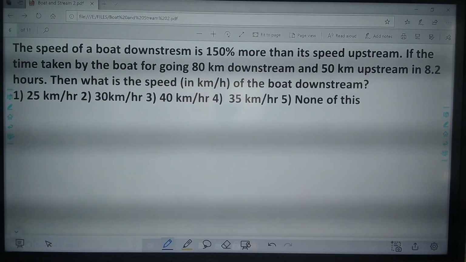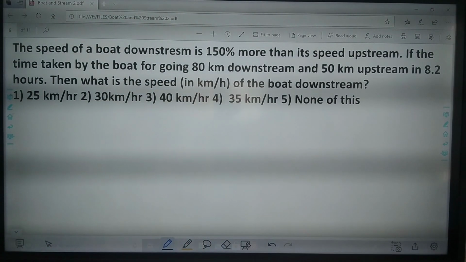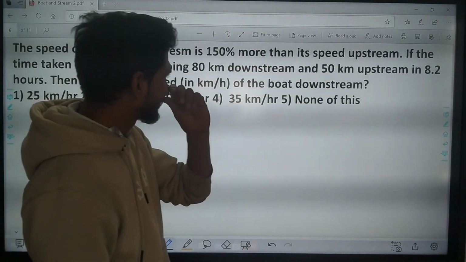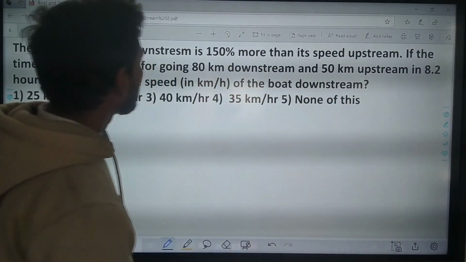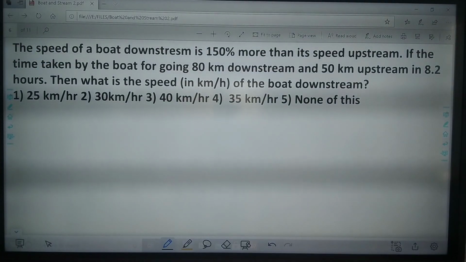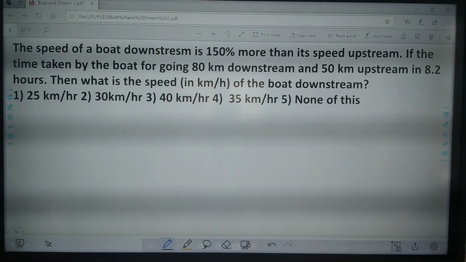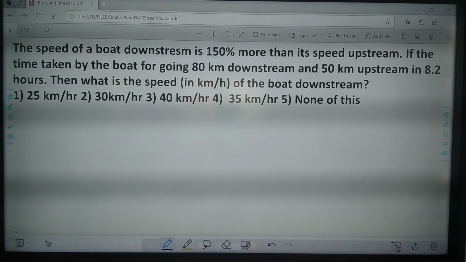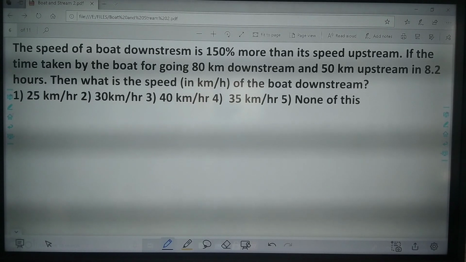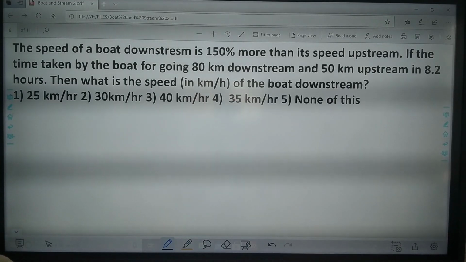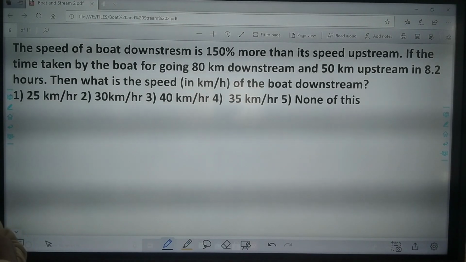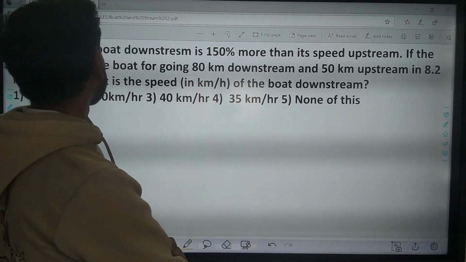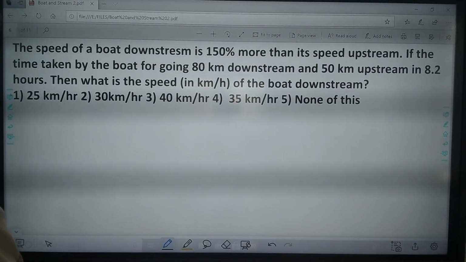The speed of the boat downstream is 150% more than its speed upstream. If the time taken by the boat going 80 km downstream and 50 km upstream is 8.2 hours, then what is the speed of the boat downstream?